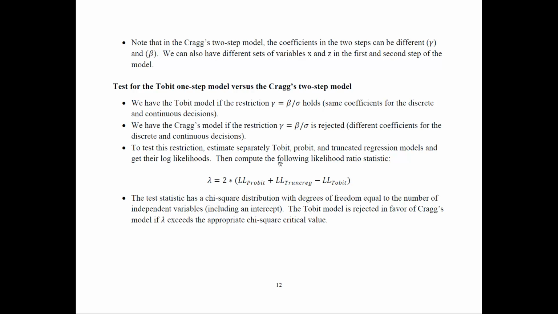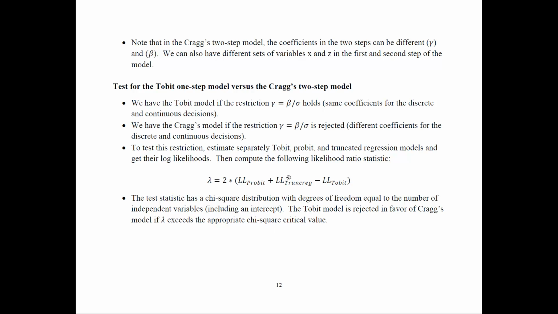We would sum up the log likelihoods for the Probit and the truncated regression model, and subtract the Tobit log likelihood, multiplied by 2. So here we have a likelihood ratio test statistic, which would have a chi-square distribution with degrees of freedom equal to the number of independent variables, including the intercept, and the Tobit model would be rejected in favor of Craig's model if lambda exceeds the appropriate chi-square critical value.